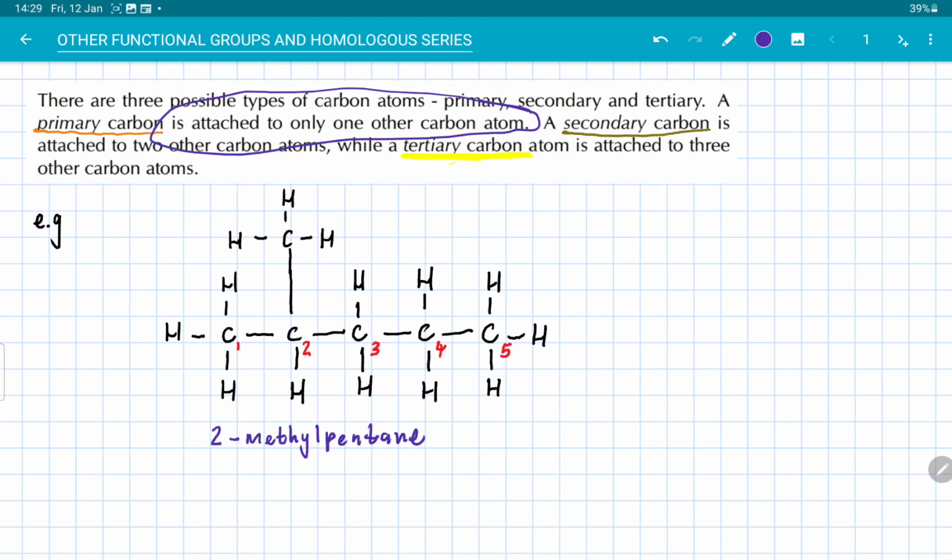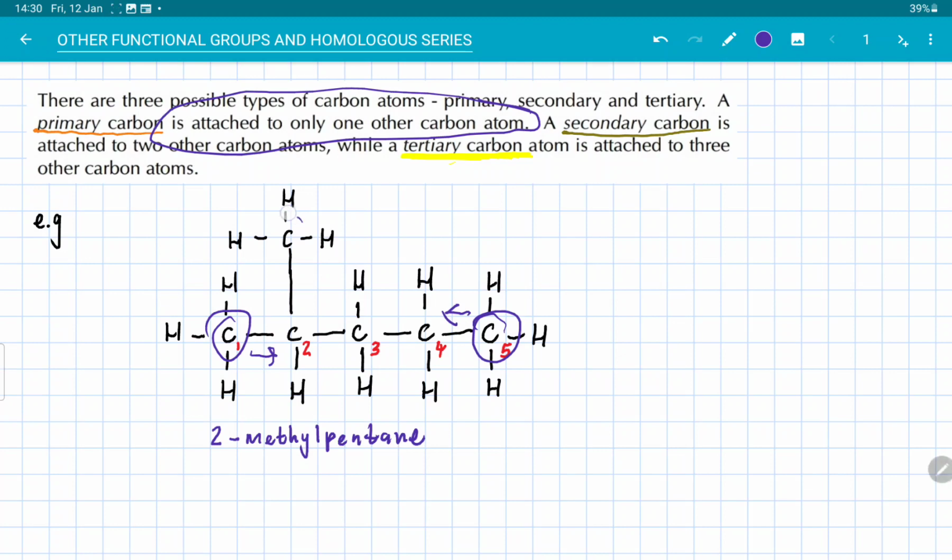What is important is we want to find in the structure a carbon that is attached to only one carbon atom. If you look at carbon 1, it is only attached to carbon 2, and because of that it counts as a primary carbon. Carbon 5 also counts as a primary carbon because it is only attached to carbon 4.